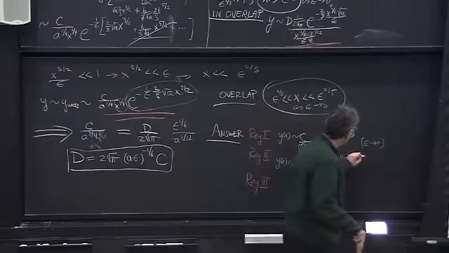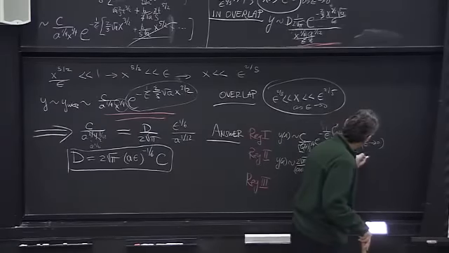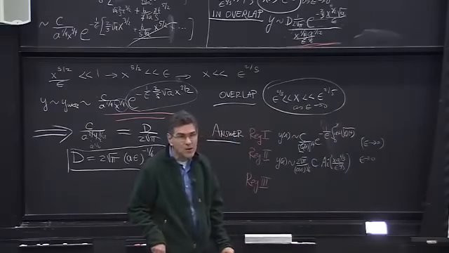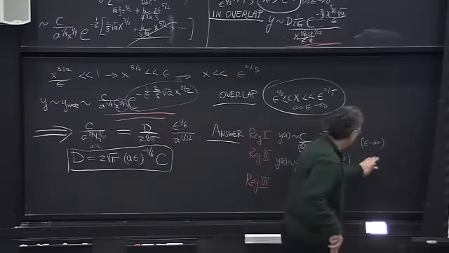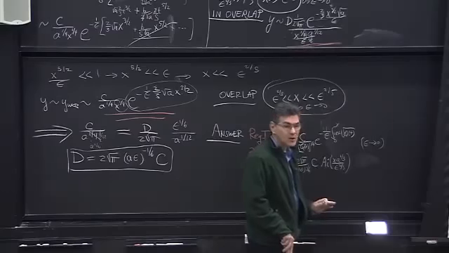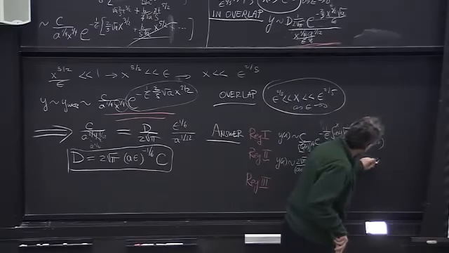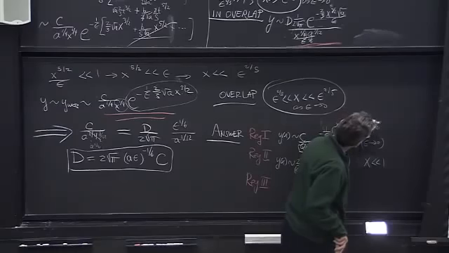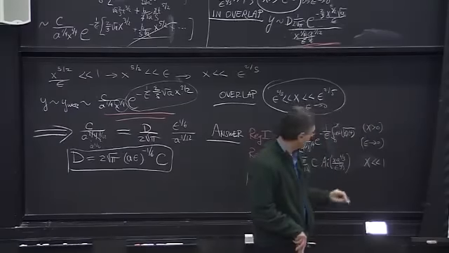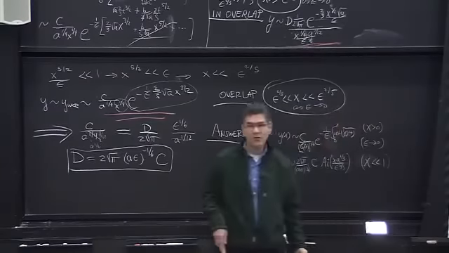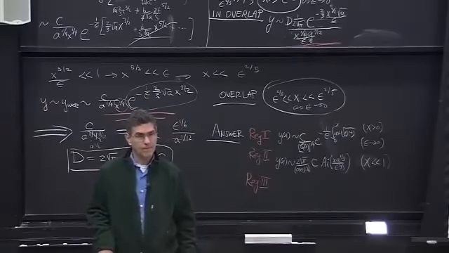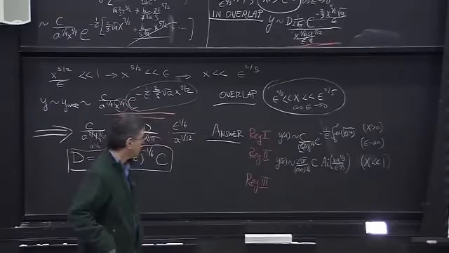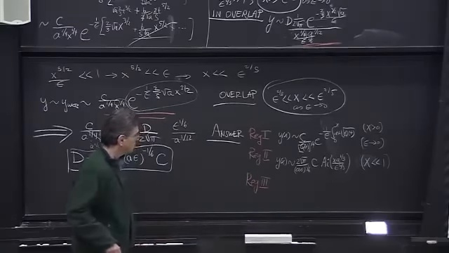As epsilon goes to 0, but we don't care about that. What we really care about is where this is valid. It's valid so long as x is small compared with 1, for fixed epsilon. And that's everywhere in region 2.